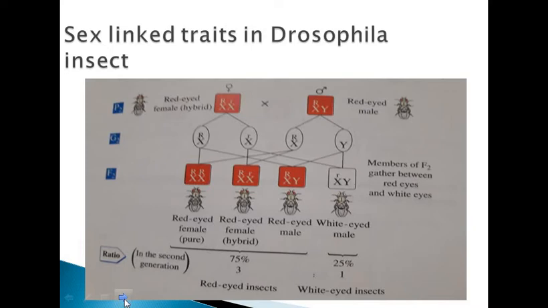So the ratio 3:1 is similar to Mendelian, but here, because this gene is carried on the X chromosome, the white eye is always a male. Here the recessive gene appears in the male more than in the female, because in the male it is represented by only one gene, but in the female it should be represented by two recessive genes.